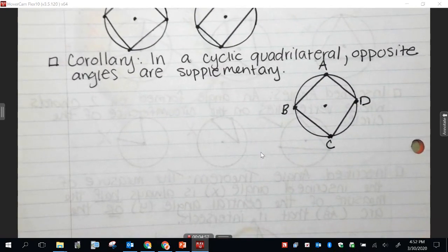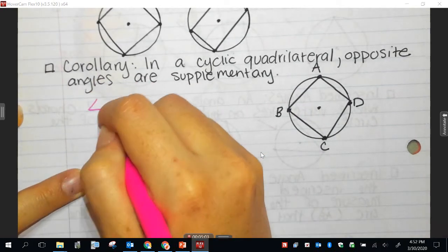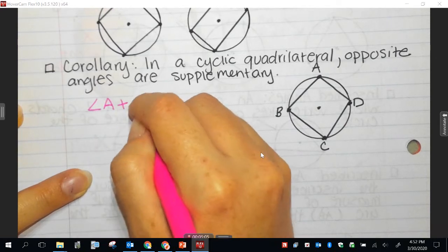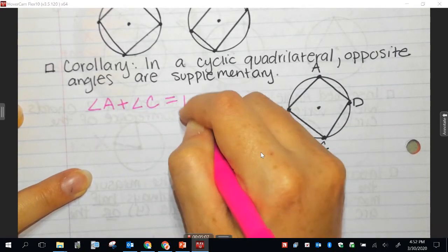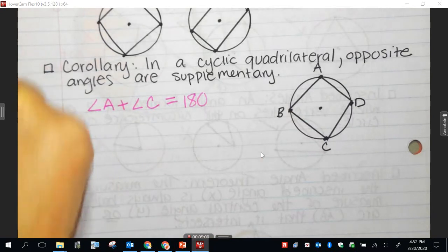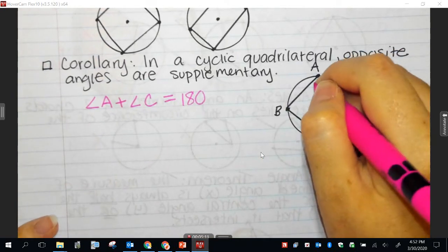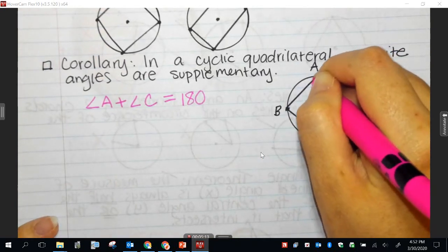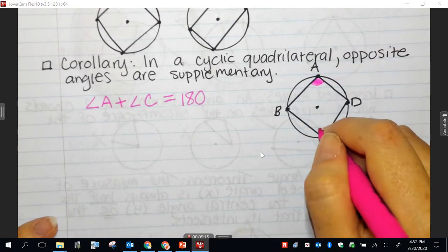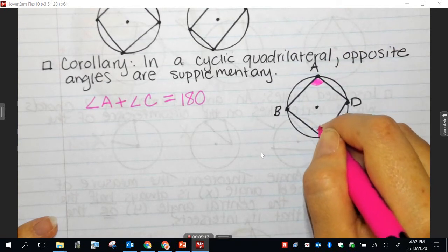So, again, what this means is that angle A plus angle C would be equal to 180. Okay, so this angle here, plus this angle here, these are supplementary.